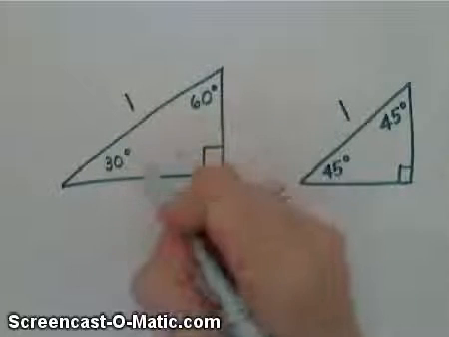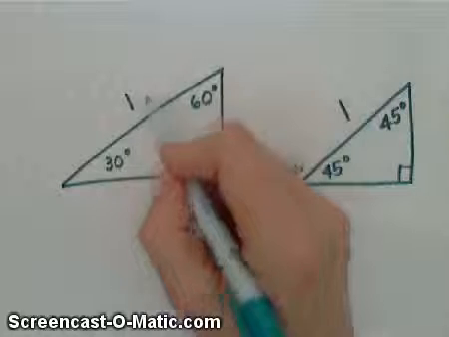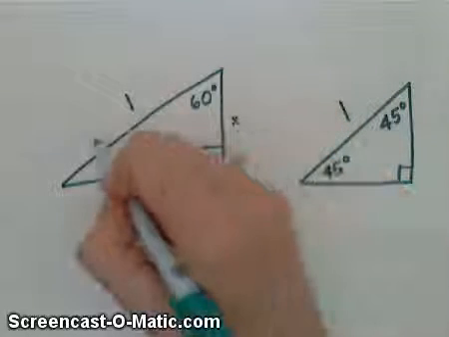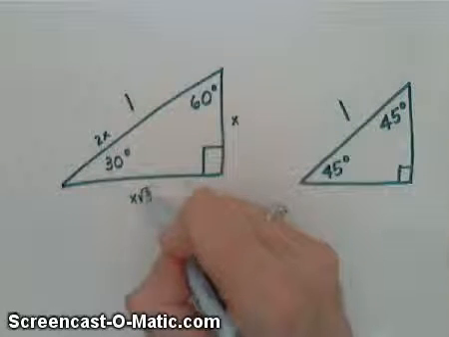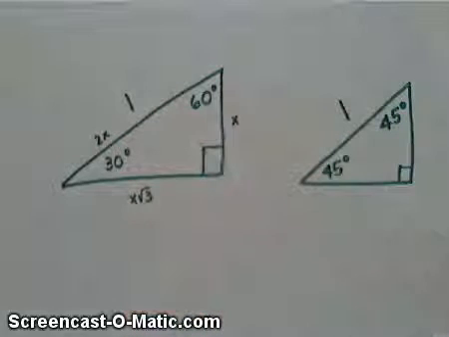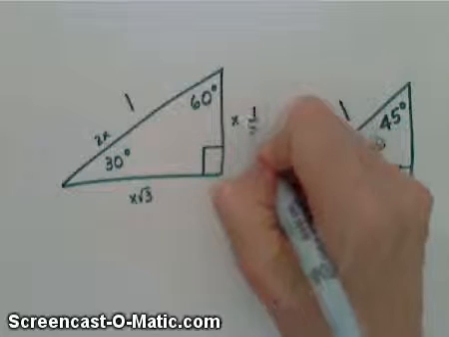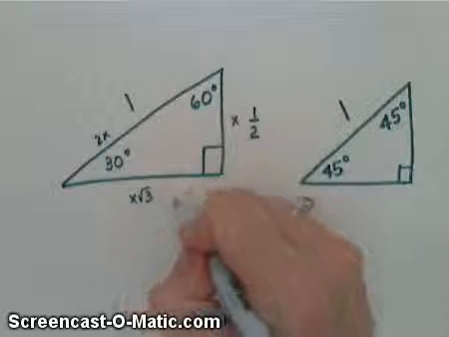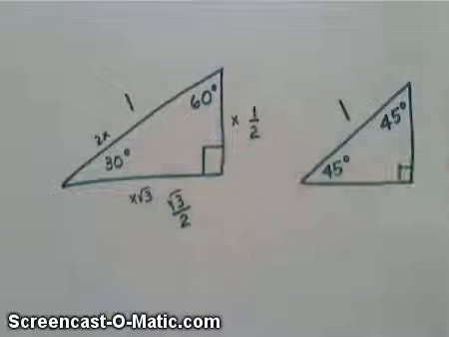The pattern for 30, 60, 90 was x, 2x, x square root of 3. Now for our purposes today, we're going to let the hypotenuse be 1. So that means this little side is 1/2, and this side is 1/2 times the square root of 3, or we're going to call it the square root of 3 over 2.